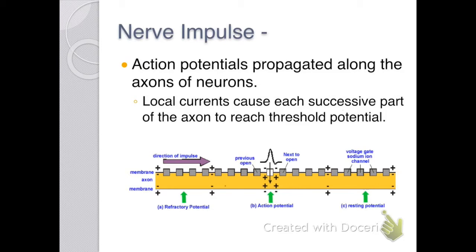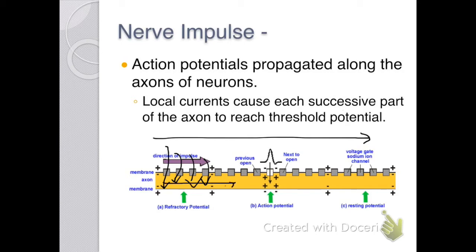So what we have here is the axon of a neuron. The signal is going to be moving in this direction. And what has to happen is sodium needs to flow in at every single location. So there's going to be a depolarization and a repolarization at every one of these little locations, and that is going to propagate the signal down the axon.